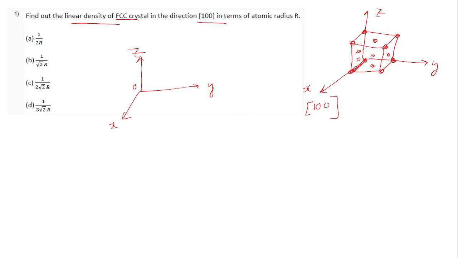Now along this direction, how many atoms are there? Linear density means how many atoms there are on this distance. So this distance, if I draw, this is my origin and this is say capital A, and this distance, let's call it small a.